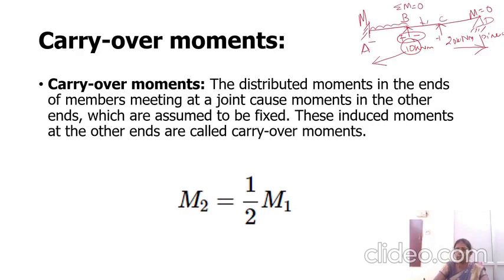Already this is the condition to be satisfied. Then there is no point in carrying over the moment value from C to D, because we try to make the moment at D equal to 0 and not further carry over and add moment at support D. If the far end is fixed, then only the carryover should be done, and if the far end is intermediate, then also the carryover process can be made.